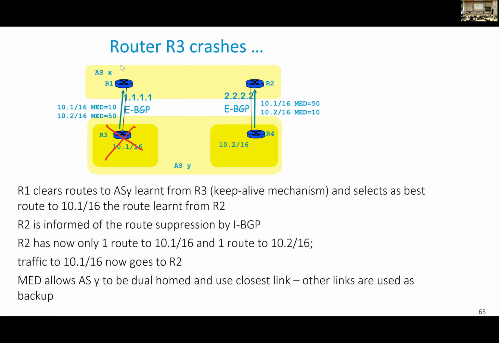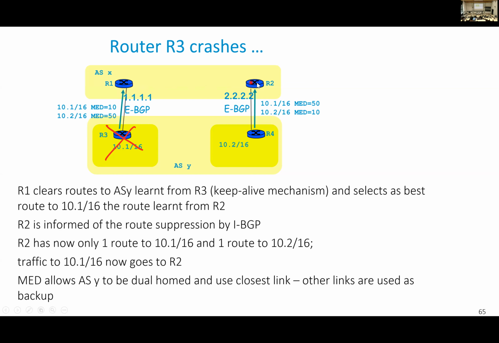So R1 had a route from R2 that was not selected as best to 10.1, for example, but is in the rib-in of R1. So when it loses the best route here, it will redo its comparison of routes, and then it will select as best route the route it had learned from R2, which is this one here.